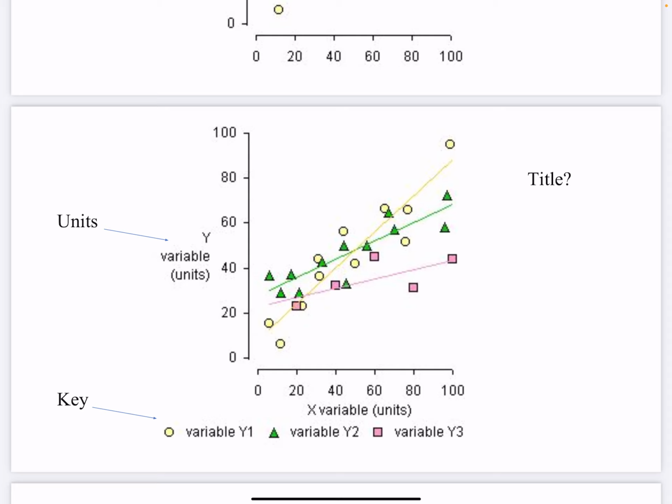So make sure that you're including these. Trend lines are good. Also, you want to make the figure as clear as it can be. Someone should be able to look at the figure and then understand what they're looking at. And then if they need more beyond that, then go to the figure legend.